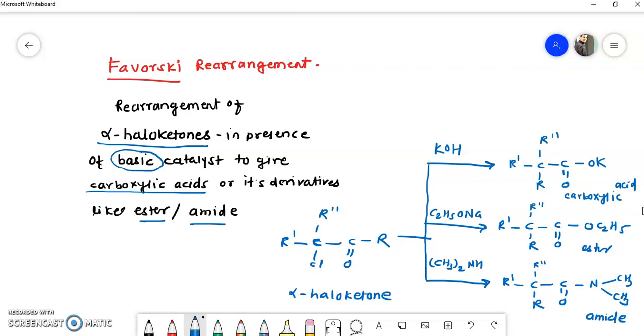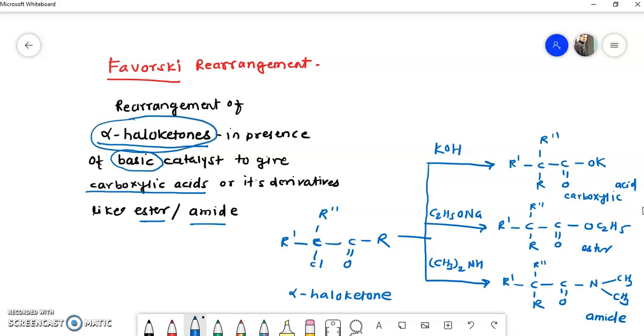So as I stated earlier, rearrangement of alpha haloketone in presence of a basic catalyst gives carboxylic acid or ester or amide. This rearrangement is known as Favorsky rearrangement. So I think this reaction is very clear to you. I will once again explain. Remember that Favorsky rearrangement is the rearrangement of alpha haloketones.